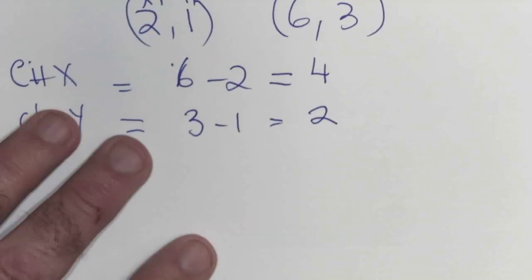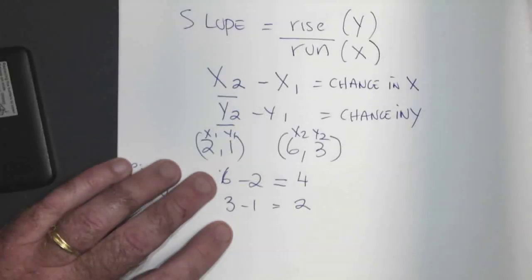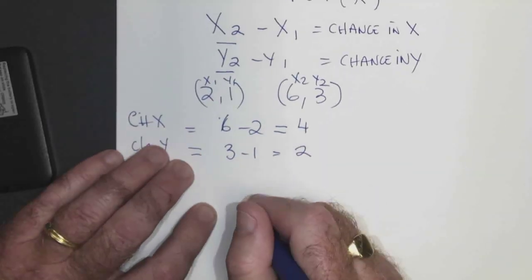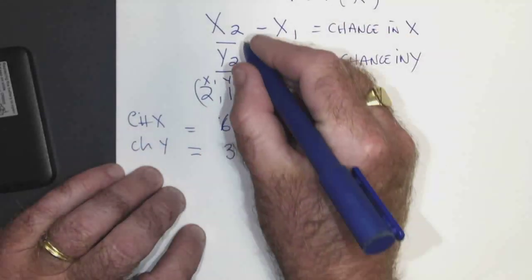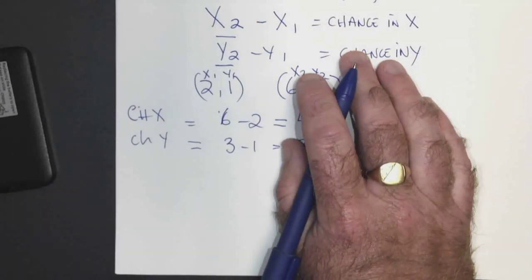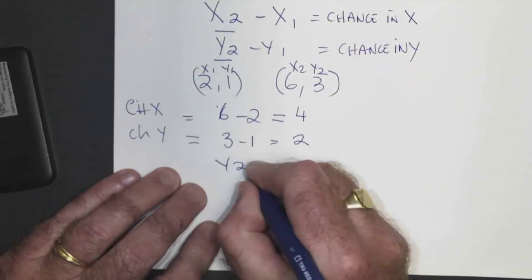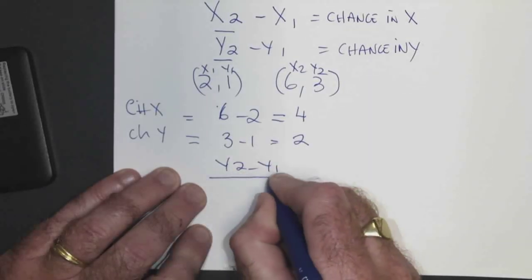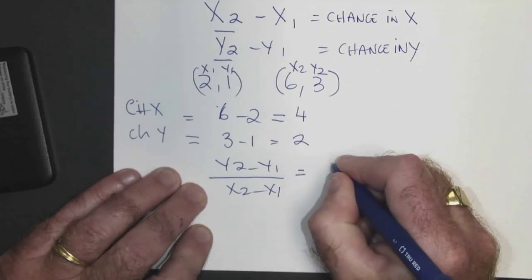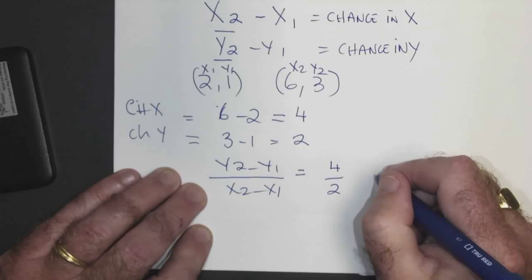Now, I made this too big, so we made this bigger. Now we plug those numbers in. The formula is y2 minus y1 over x2 minus x1, which is equal to 2 over 4.